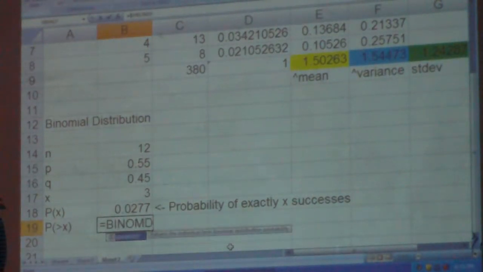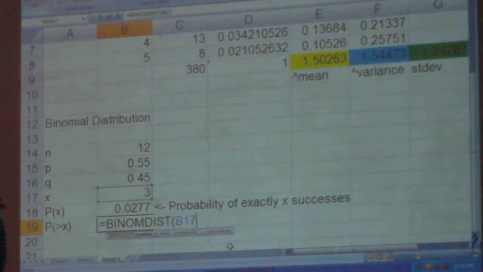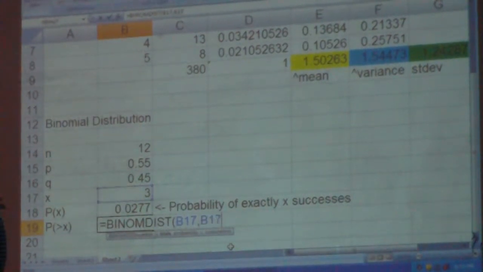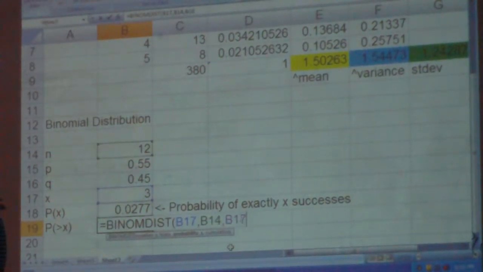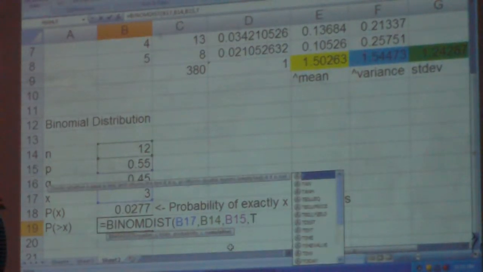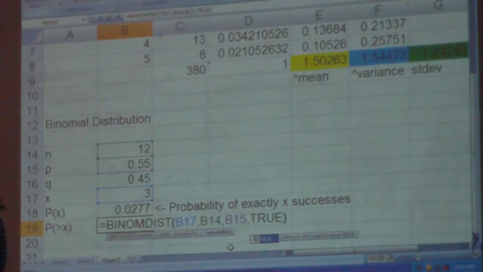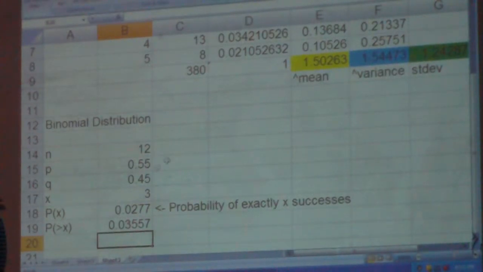So all these values are the same. Binomial dist, we go up and get x, go up and get n, go up and get p, and then we're going to go ahead and put in true here. Like that.